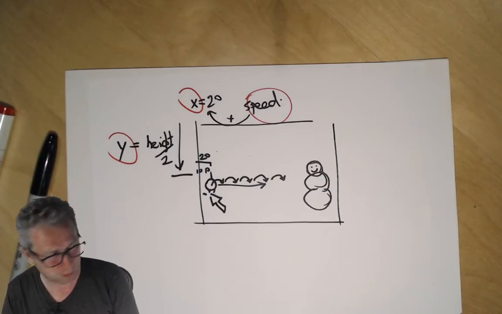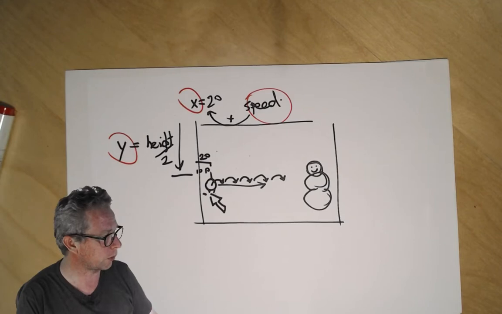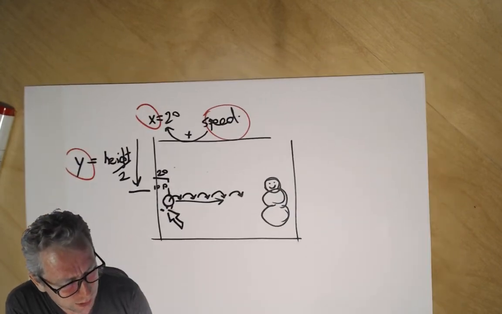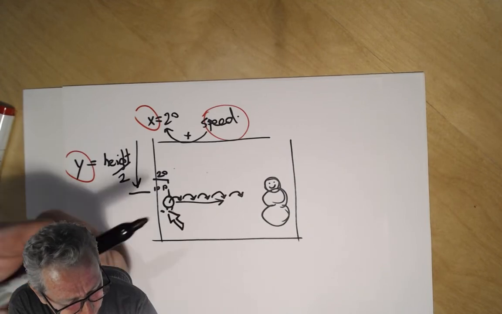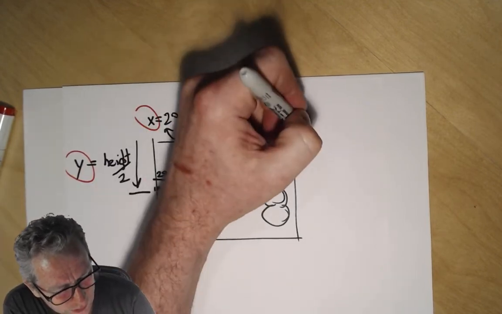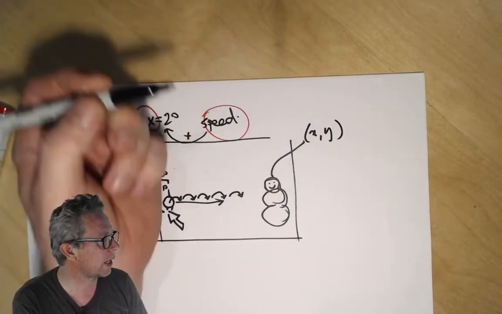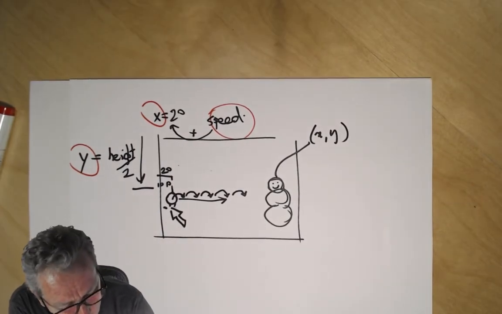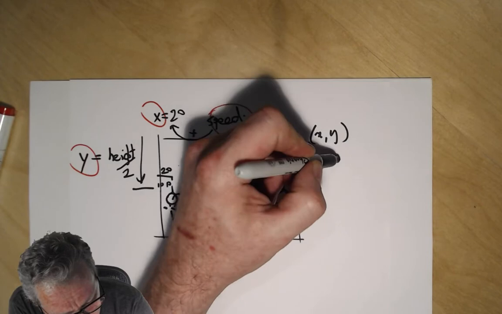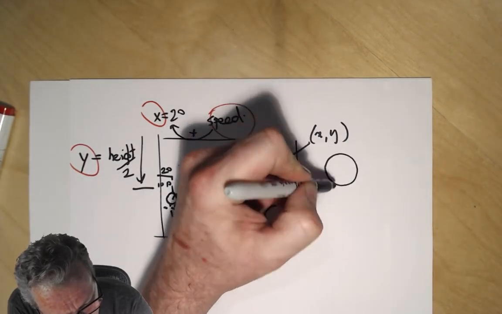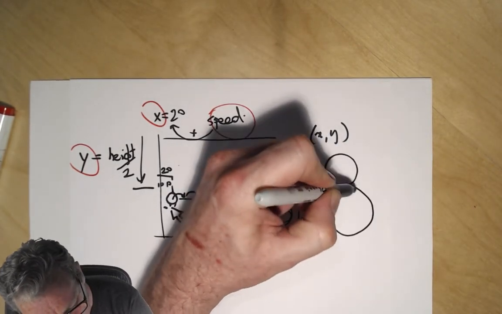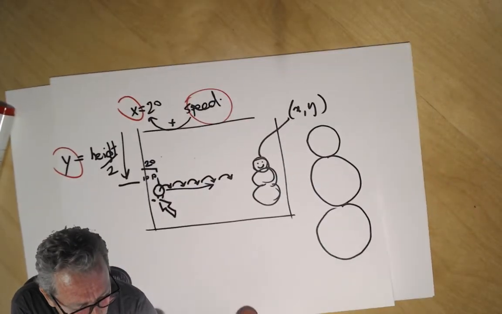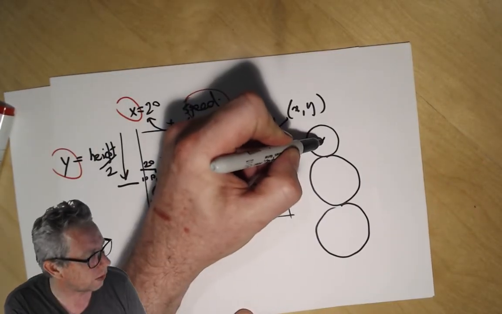Let's think about graphically how we would draw this snowman. So I've given it an X and a Y. First thing I should think about is what does that X and Y refer to? I'm going to say that in this case, the X and the Y of the snowman, it's a very wonky snowman, is the center of the head.